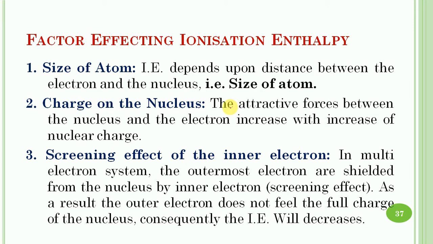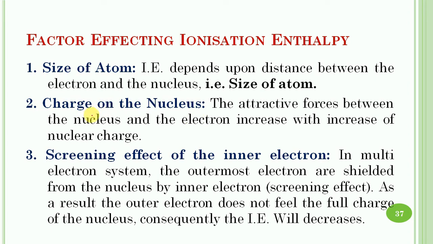And if the size of the atom is bigger, then the attractive force between the nucleus and electron is small. So we can say that if the size of the atom is small, then ionization energy is higher, and if the size of the atom is bigger, then the removal of an electron from it is easier, and ionization energy is small.